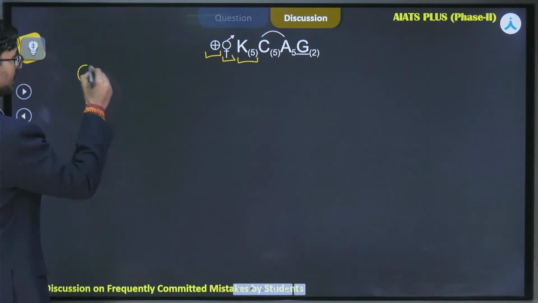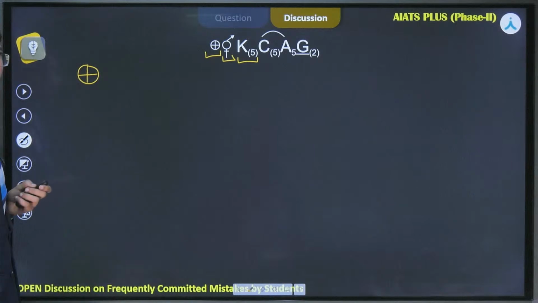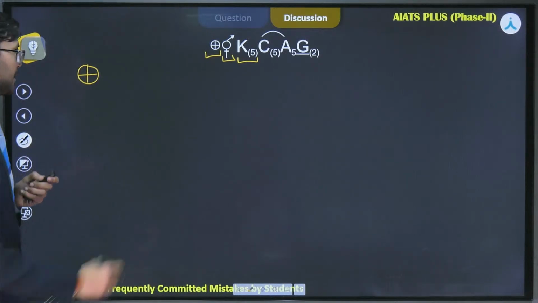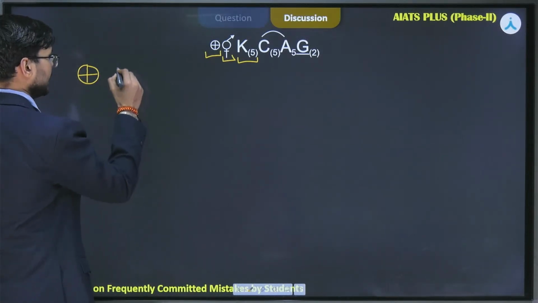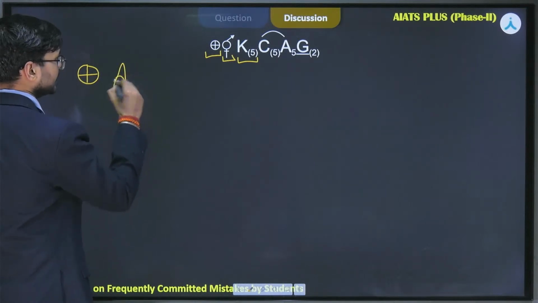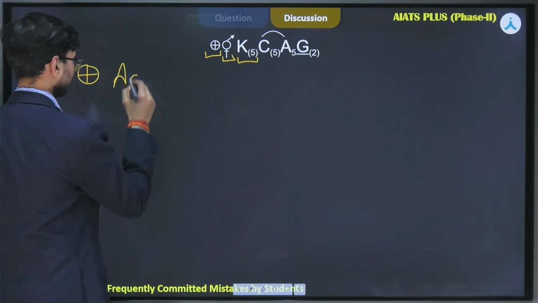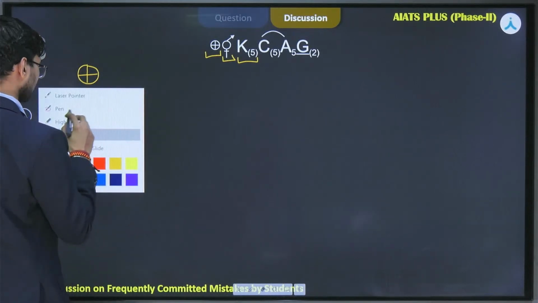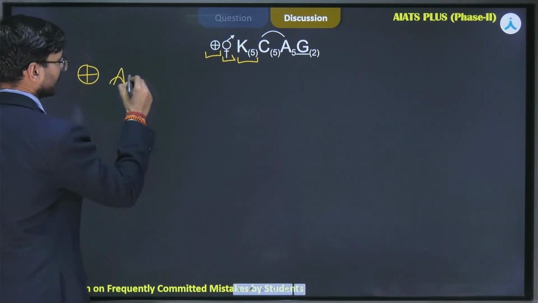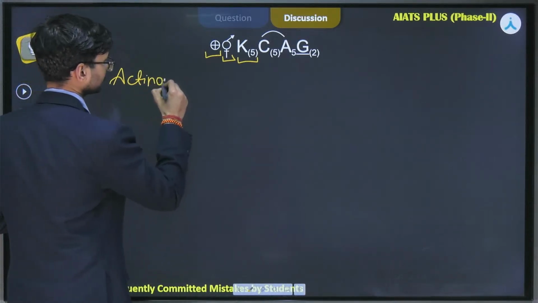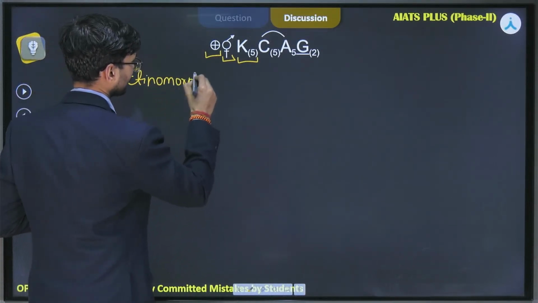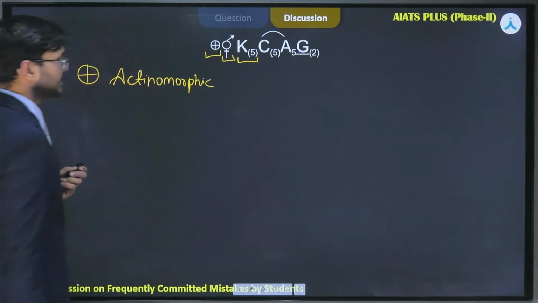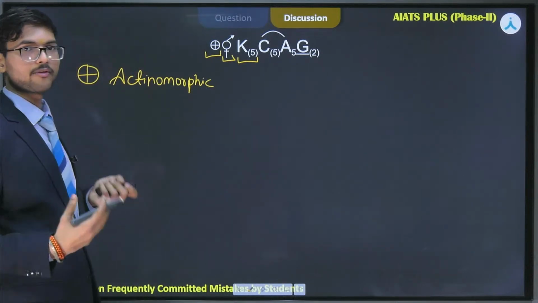So the circle with a plus sign represents that the flower is radial, an actinomorphic flower. That means it's a radial flower. What is an actinomorphic flower?